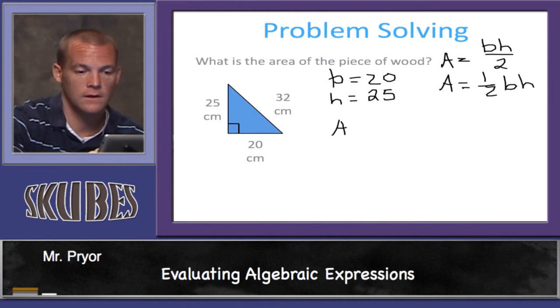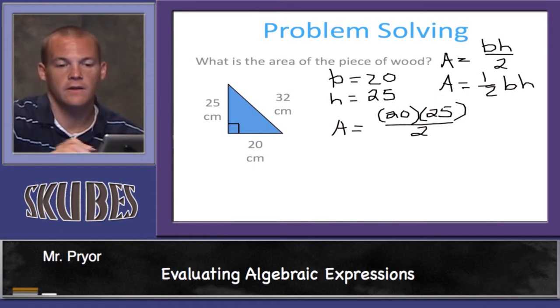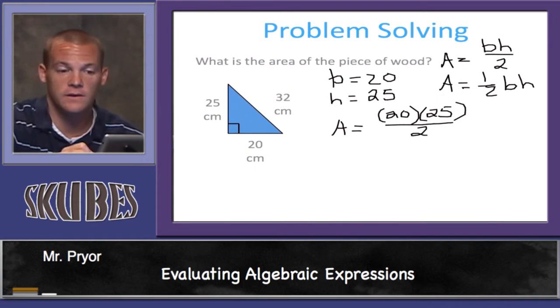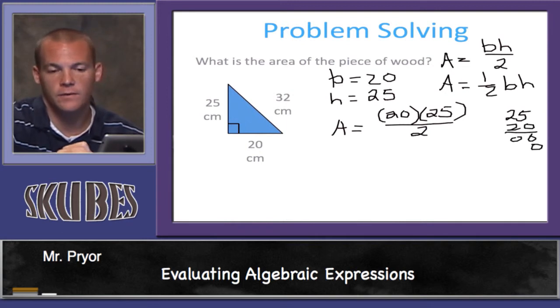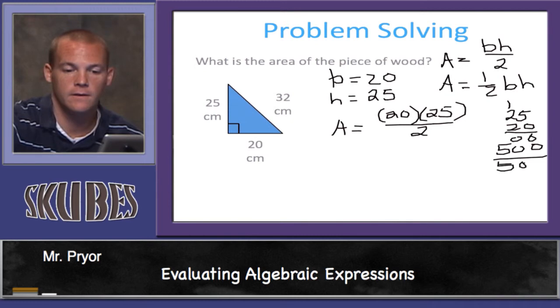We're going to do area equals base times height, so that's going to be 20 times 25, all divided by 2. Okay, so off to the side we need to figure out what 25 times 20 is. And that's going to be, all right, after we get through those first zeros, 2 times 5 is 10, carry the 1, 2 times 2 is 4, plus 1 is 5. Looks like that's going to be 500.